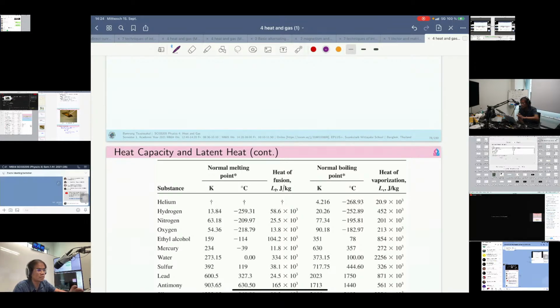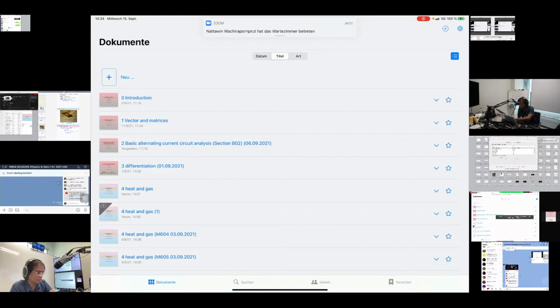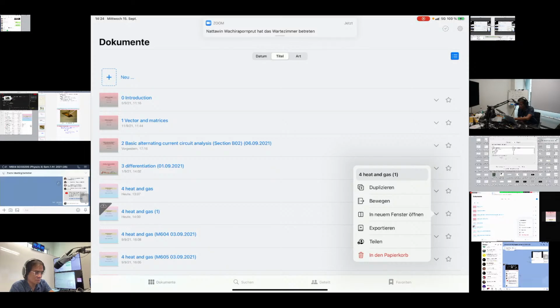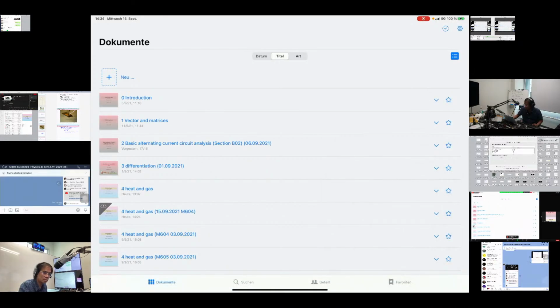This one is for heat gas, right? This is 15.09.2021, and it's M604, right? Yes, leave it and move it up.